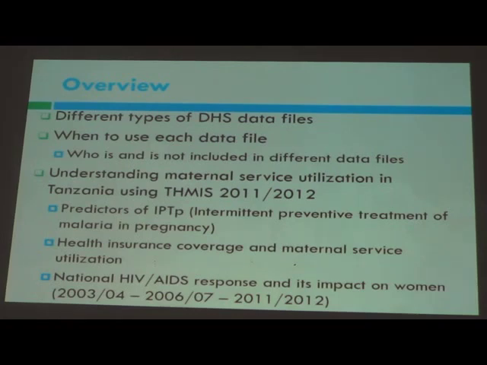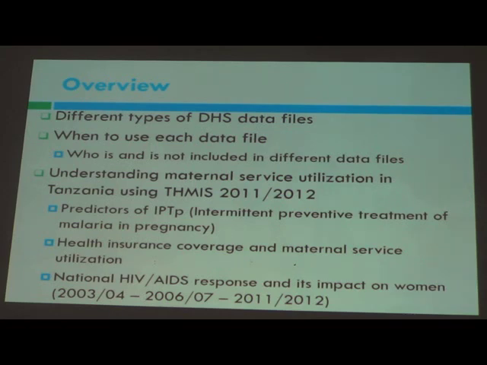Also, on understanding maternal service utilization, I have included 2 of my publications and one more preliminary descriptive data analysis. So we look at the predictors of IPTP uptake, which is the intermittent preventive treatment of malaria in pregnancy. Another looks at health insurance coverage and how it impacts maternal service utilization.